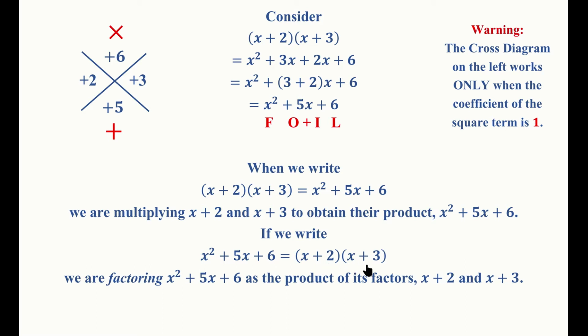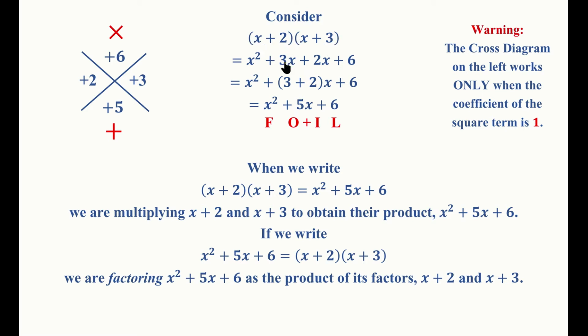Now, it's easier if we actually go in the more familiar way of multiplying before we try to go in the backward direction of factoring. So just consider x plus 2 times x plus 3. If we just use FOIL, that's first times first, we end up with x squared.